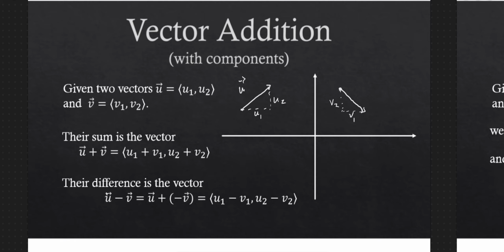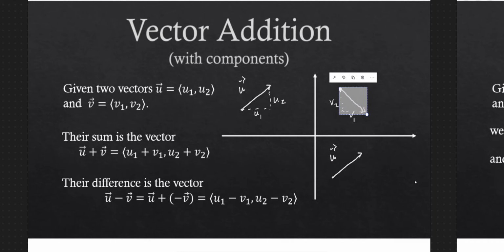And what we want to do is figure out how to write the addition of these two vectors. This is not a definition here. We defined vector addition geometrically, and so we're going to do it geometrically. So I'm going to take u, and maybe I'll plop it down here. It doesn't really matter.